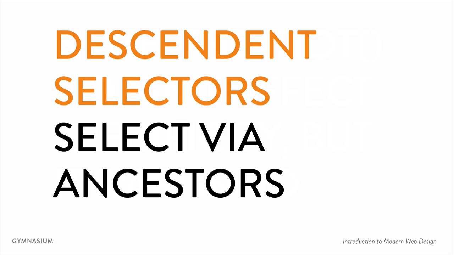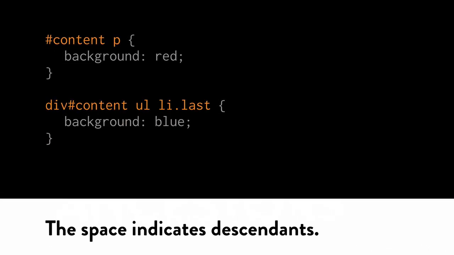The first type of combination, apart from actually selecting the same exact element, is descendant selectors. This is selecting an element based on its context within an ancestor. So we've seen this where one selector is separated from another with a space. So hash content space p selects any p element that is a descendant of an element with an ID of content.